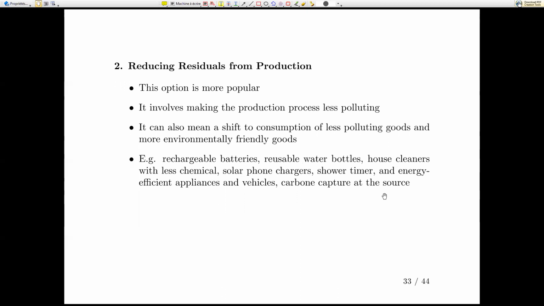Second one is, why? Because essentially the second one is like a magic wand. So you're saying you can have everything you've had before, but I'm going to make the pollution disappear because it's going to appear with less pollution attached to it.